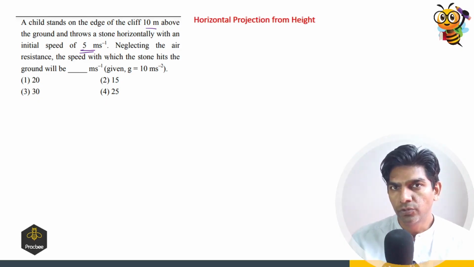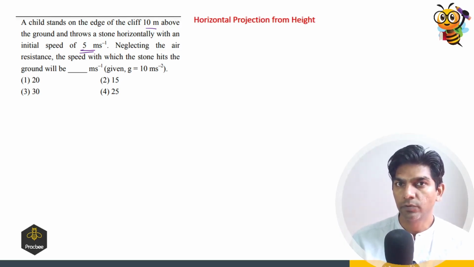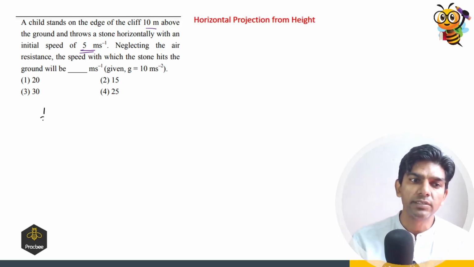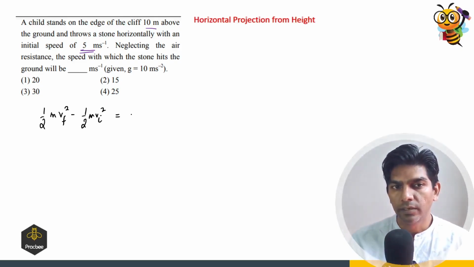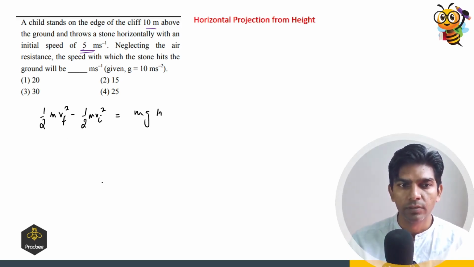Here you can also use energy conservation because the stone is coming down by a height h, there will be a loss in gravitational potential energy, and that loss is converted into kinetic energy. So we can say half m v final square minus half m v initial square will be equal to the loss in gravitational potential energy, which will be mgh. So m will get cancelled out.